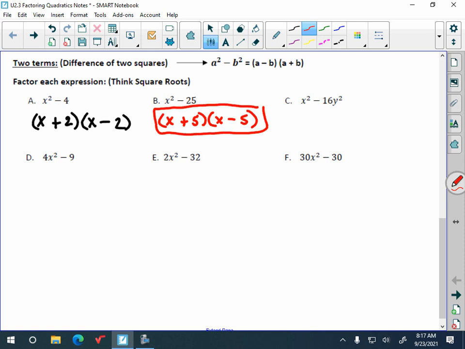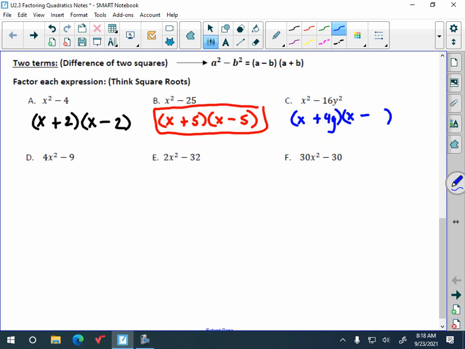All right, C. X squared is a perfect square, 16y squared is a perfect square, and there's a minus sign. So one's plus, one's minus. We're going to break up the x squared, x and x. How can we break up the 16y squared? 4y, yeah.